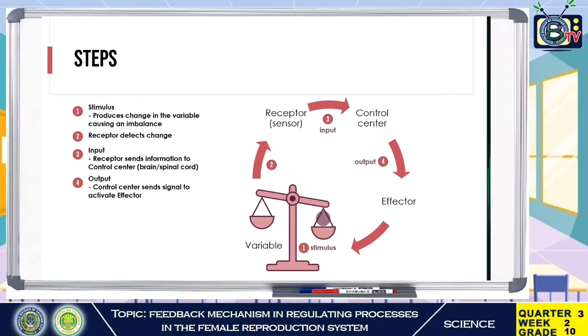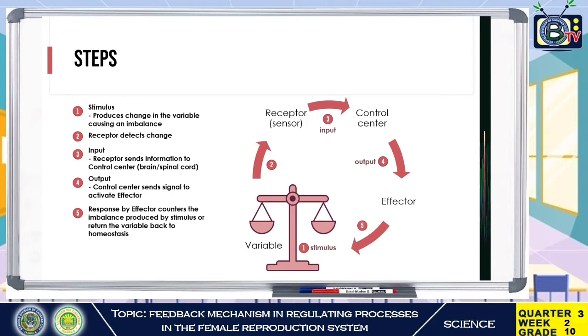And finally, the response by the effector counters the imbalance produced by the initial stimulus to return the variable back to homeostasis. So, when a deviation occurs and the variable is no longer in homeostasis, the body will activate mechanisms that will oppose the deviation to return the body back to homeostasis.